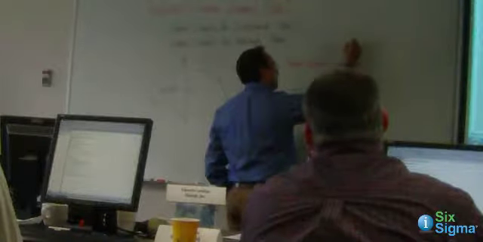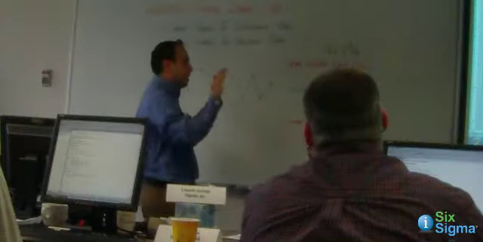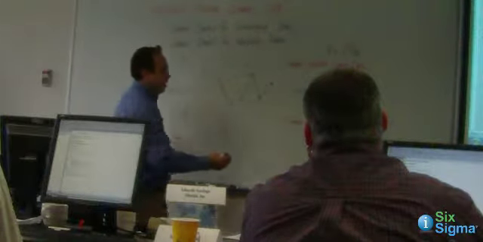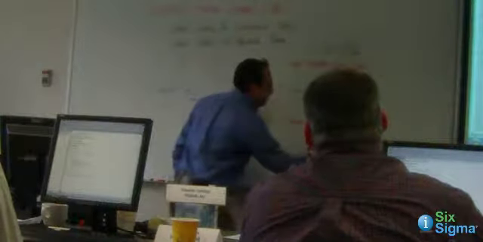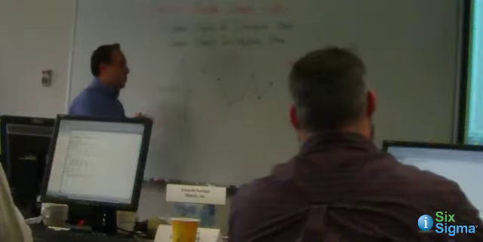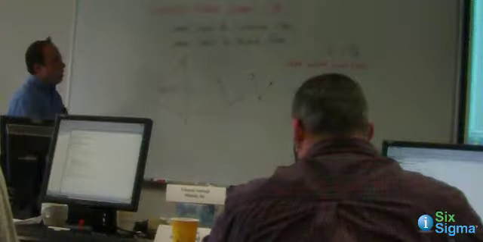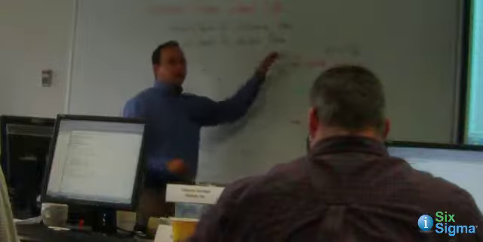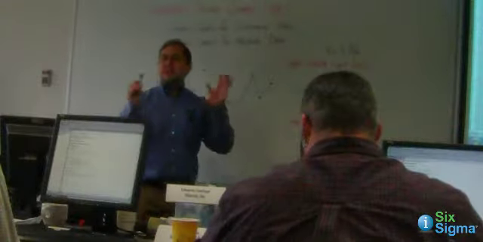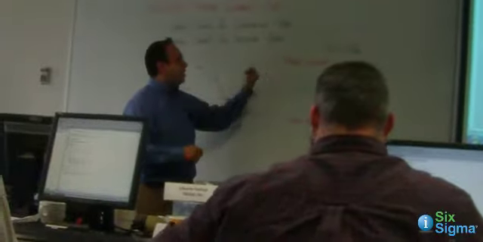And here, it would be the same idea, X double bar minus 3 times the estimate of the standard deviation divided by the square root of the subgroup size, okay? In essence, all it is, the control limits, is the center line plus or minus 3 times some standard deviation.